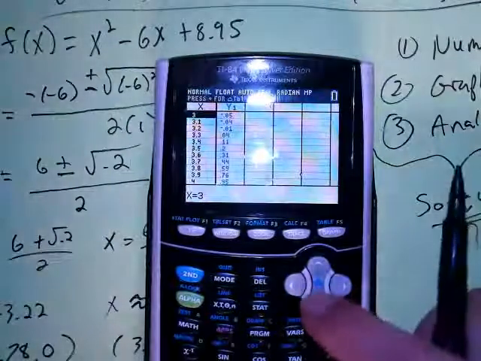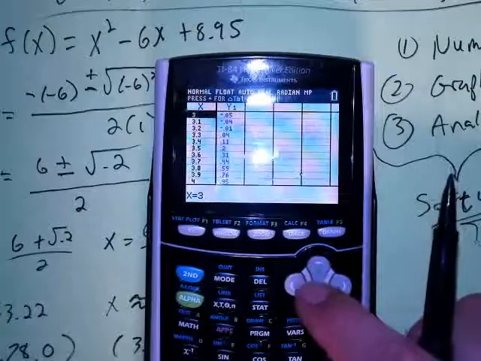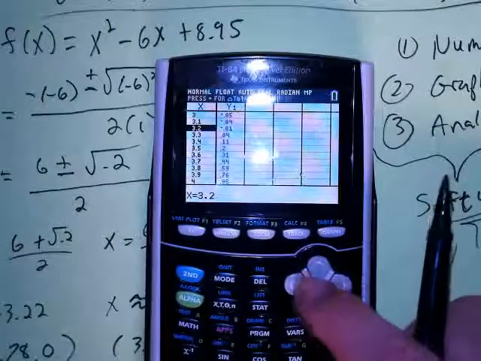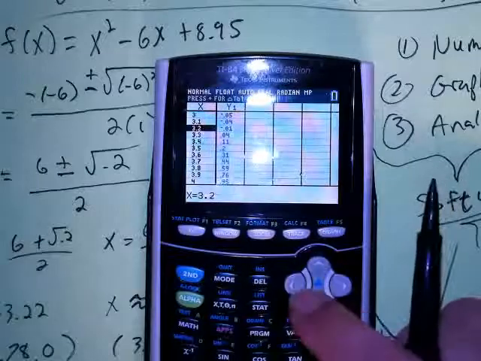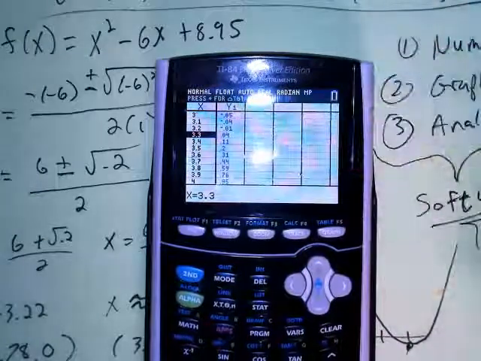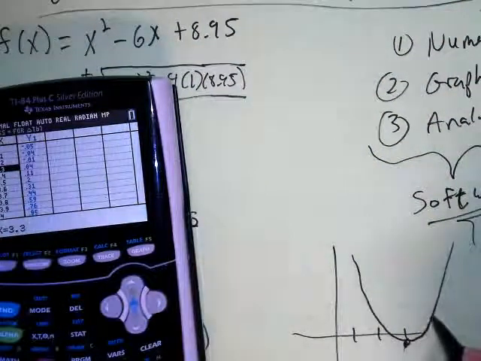Now it's starting at 3 and going up. You can see that it's negative, negative, negative, and then it goes positive. So it's right there between 3.2 and 3.3 that it crosses the x-axis, going from negative to positive.